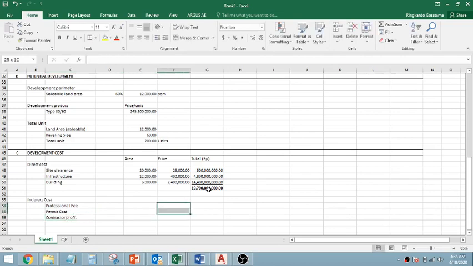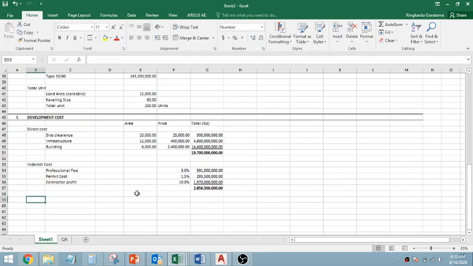Let's say the percentage will be professional fee 3%, permit 1.5%, and the contractor 10%. So we multiply this with this, okay, and we get the total.